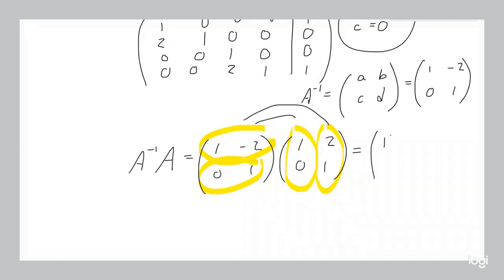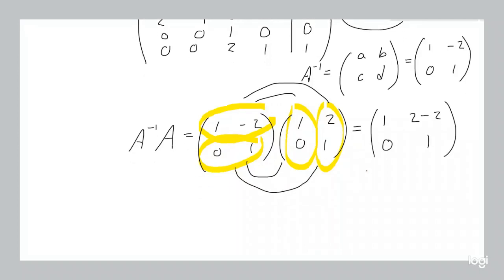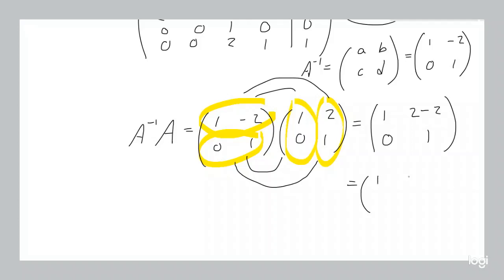This one here, 1 times 2 is 2, plus negative 2 times 1, so 2 minus 2, which is 0. Then in the bottom we have 0 times 1 plus 1 times 0 is 0, and 0 times 2 plus 1 times 1 is 1. And of course that does equal the identity matrix, so yes, we found the matrix inverse.